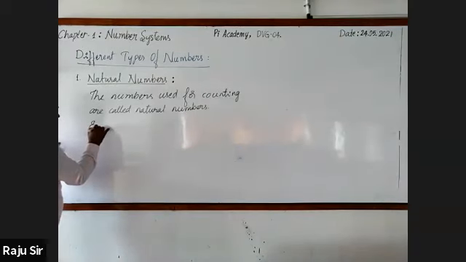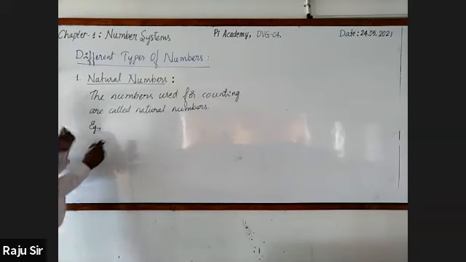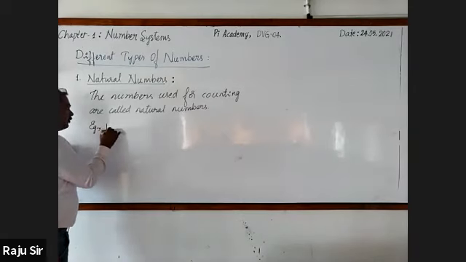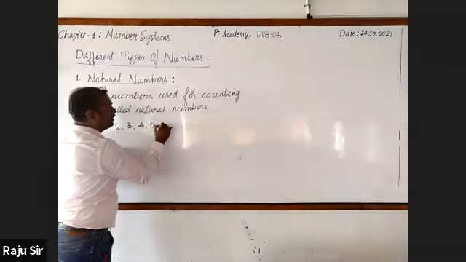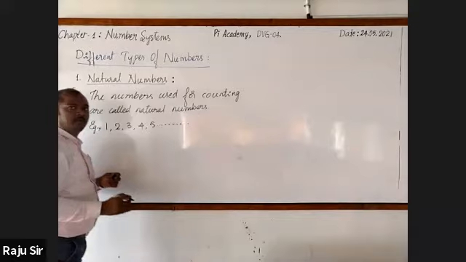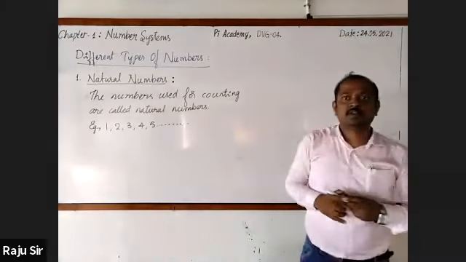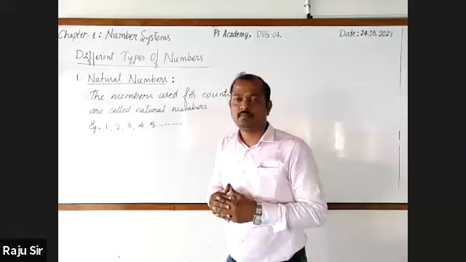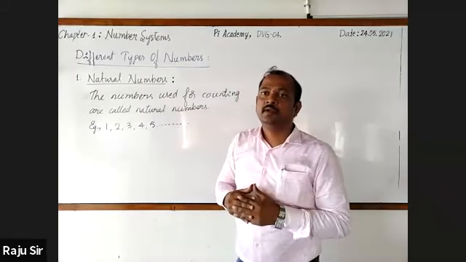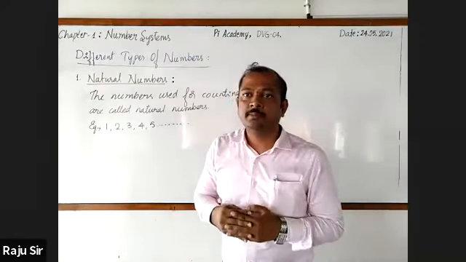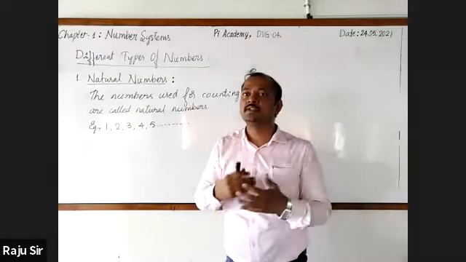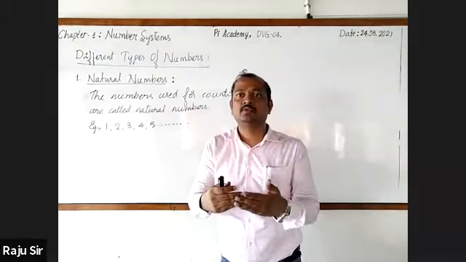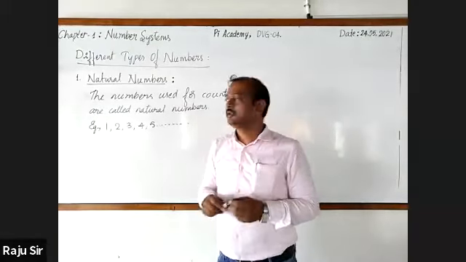And the examples for natural numbers are, I've already given you, write the same: 1, 2, 3, 4, 5, and so on. These are all natural numbers. Dear students, repeatedly I have been reminding you to please go on writing with me so that you can finish earlier and get ready to receive the next information. Finished, sir. These are natural numbers.